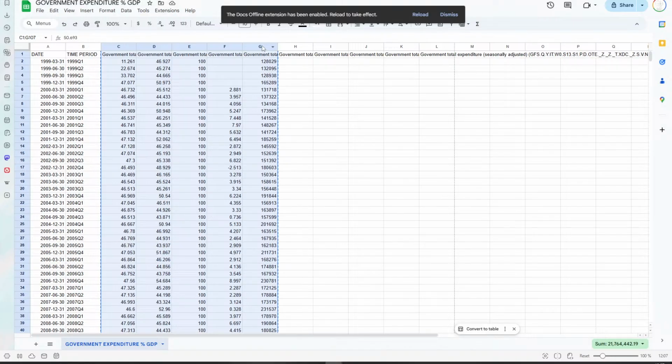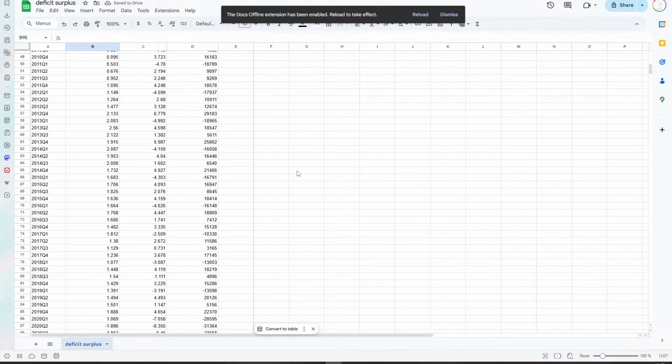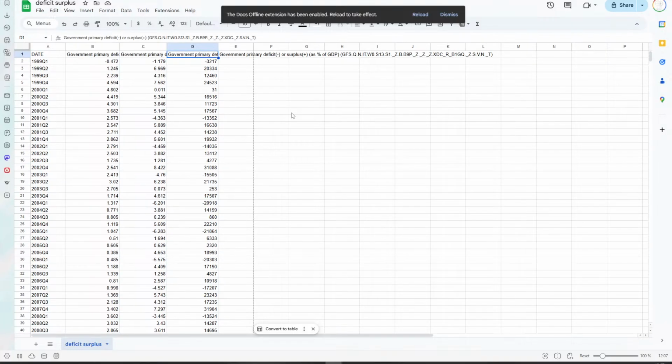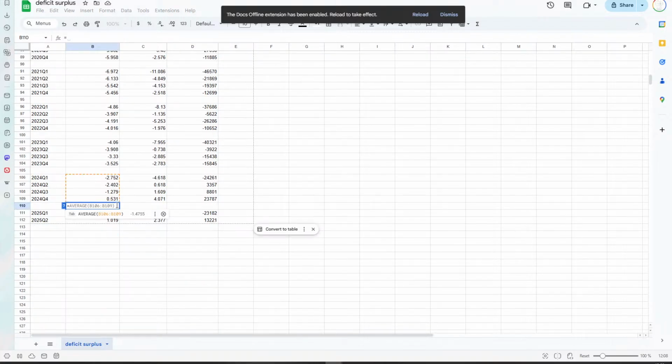deficit and surplus. We are not in a good spot here. Primary deficit. Is that possible, we are always so deficient? Why? It's probably average.